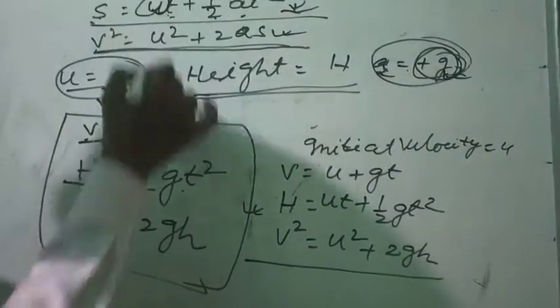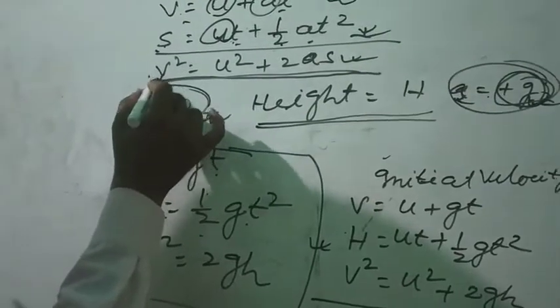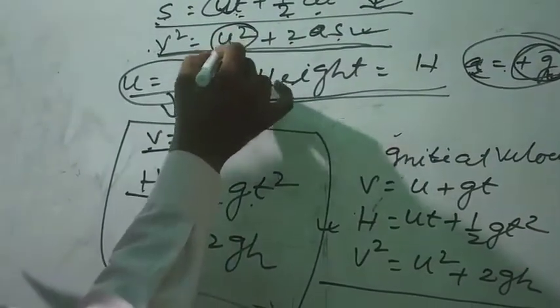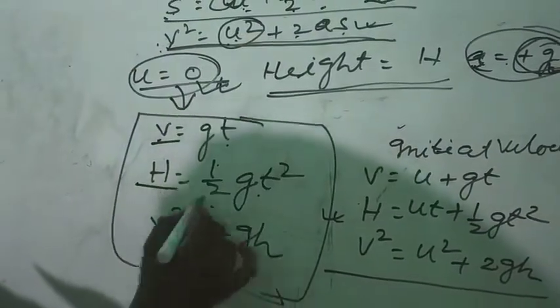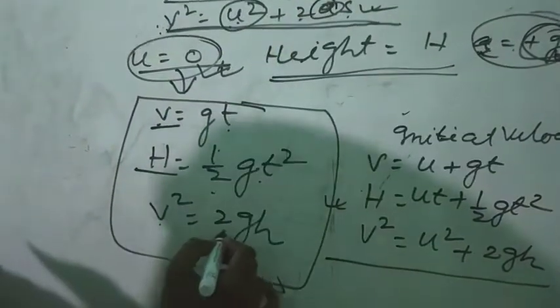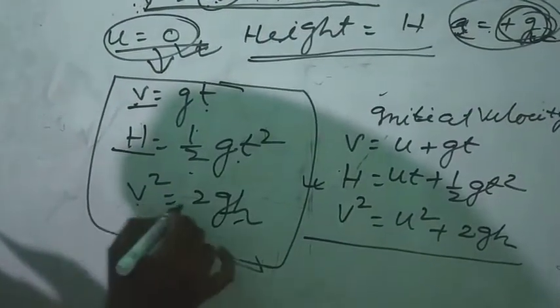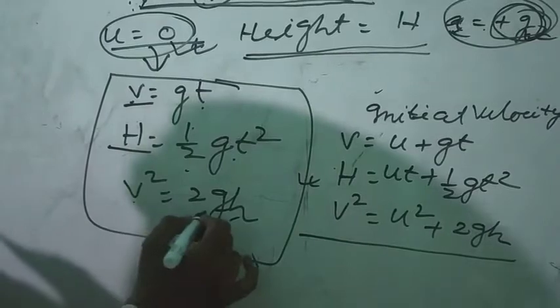Here u becomes 0. For the third equation of motion v square is equal to u square plus 2as, when u becomes 0, in place of a it becomes g and in place of s it becomes h.